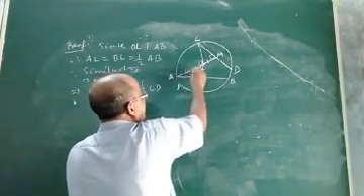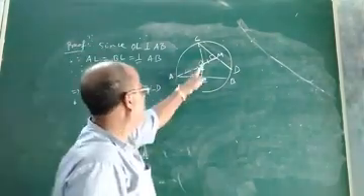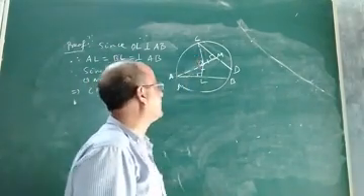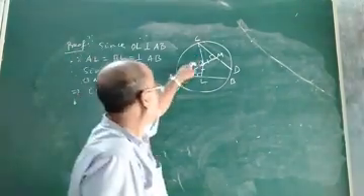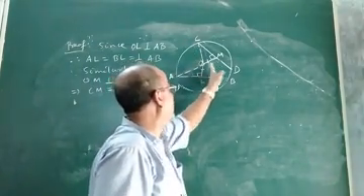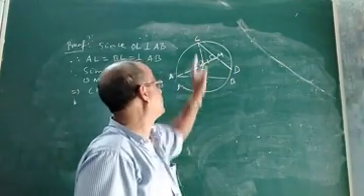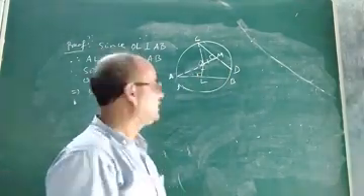Now look at these two triangles. OA equal to OC, same radius. OL equal to OM, it is given. This angle equal to this angle, 90 degrees, it is also given.